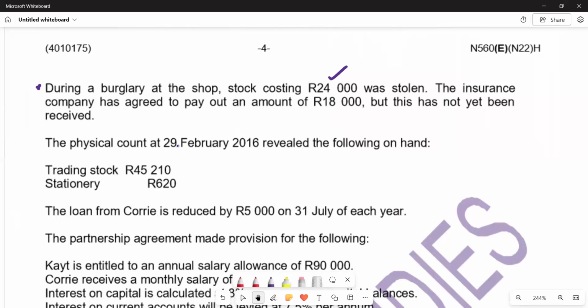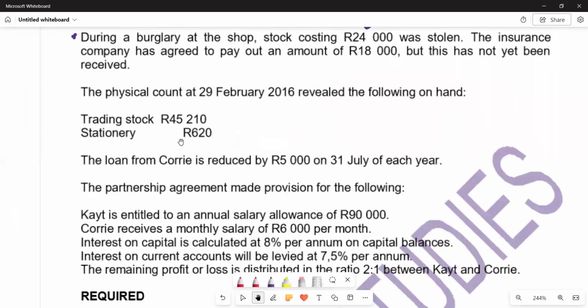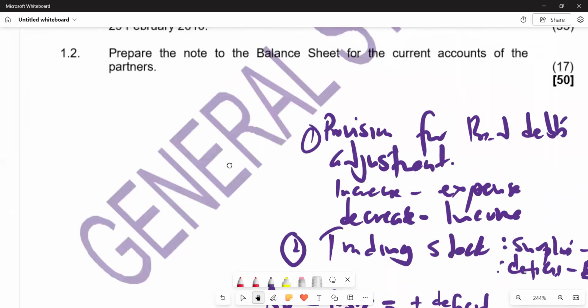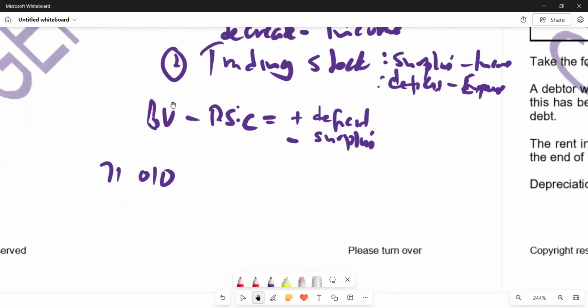So this one is going to reduce the figure for book value. So we're going to remove it from the book value figure. So here we say minus 24,000. And then the answer that we get now is the representation of our book value.